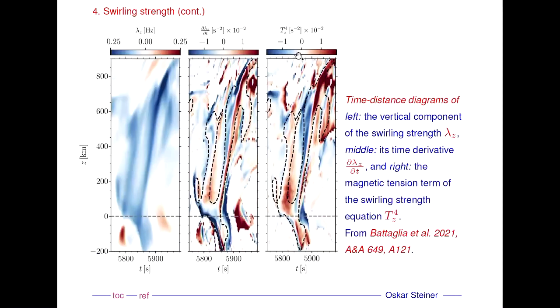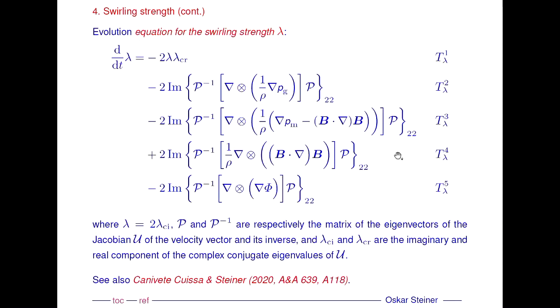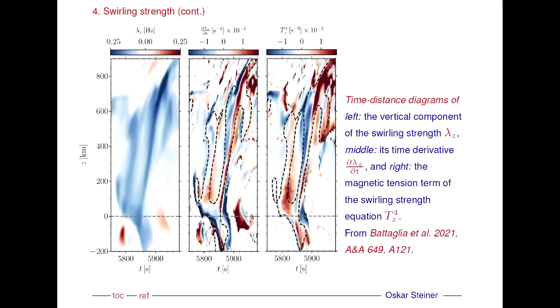And in this case, I show only the fourth term, because that is basically equivalent to the left-hand side. So it is the dominant term. And this fourth term is the magnetic tension term. That tells us that the restoring force is magnetic tension, and this is a torsional Alfvén wave. This is finally the proof that it is a torsional Alfvén wave. So this equation is very useful for determining the mode of a wave.